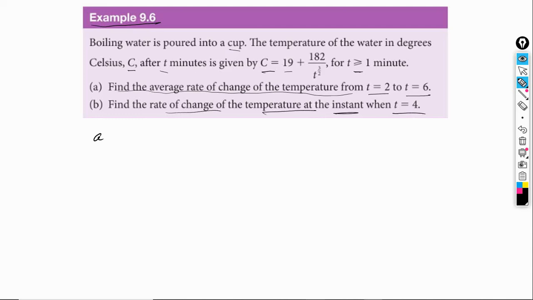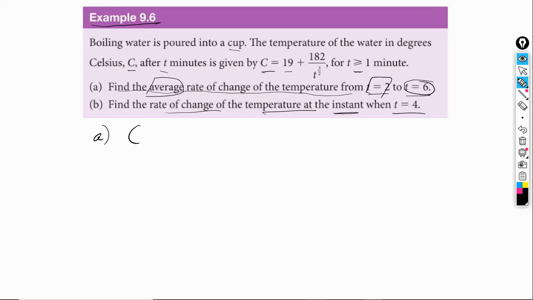So for letter A, they want us to find an average. So an average rate of change is going to be the slope of the line between the 2 points where they want us to find that average. So notice that we have 2 points, right? One where t equals 2 and the other one where t equals 6. So we have to find the temperature at those 2 points.